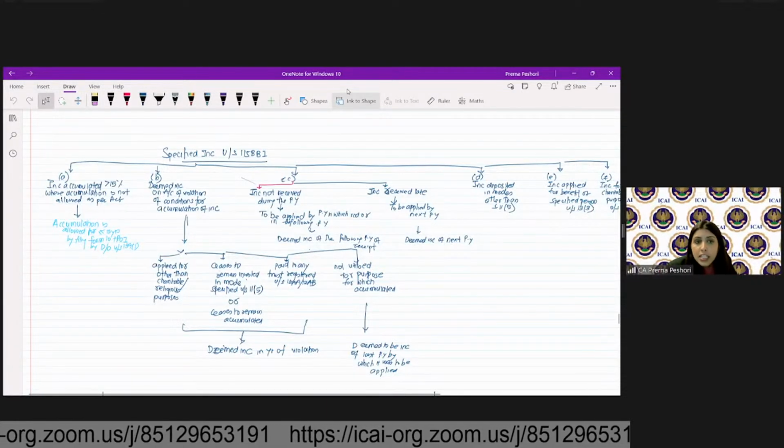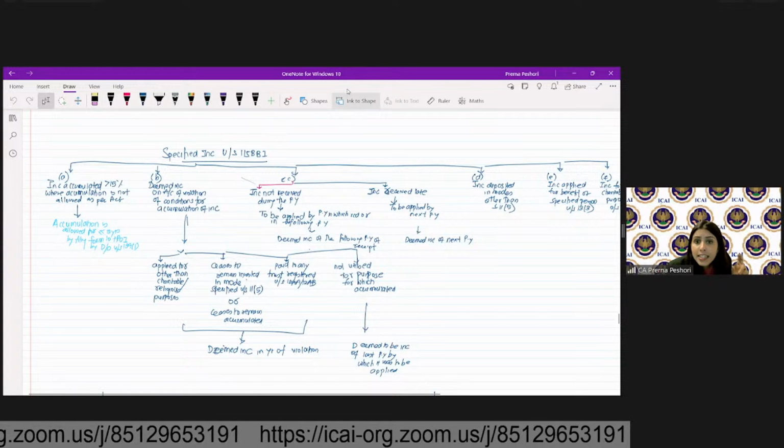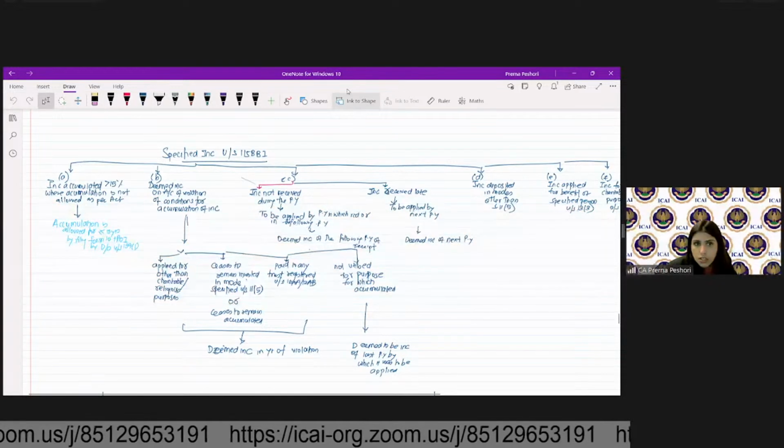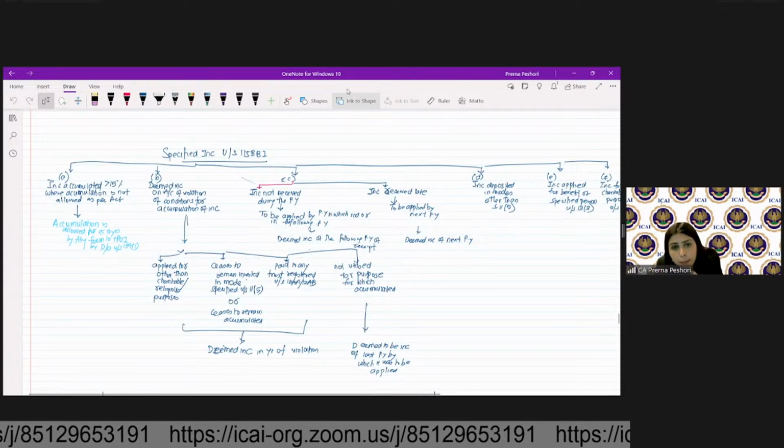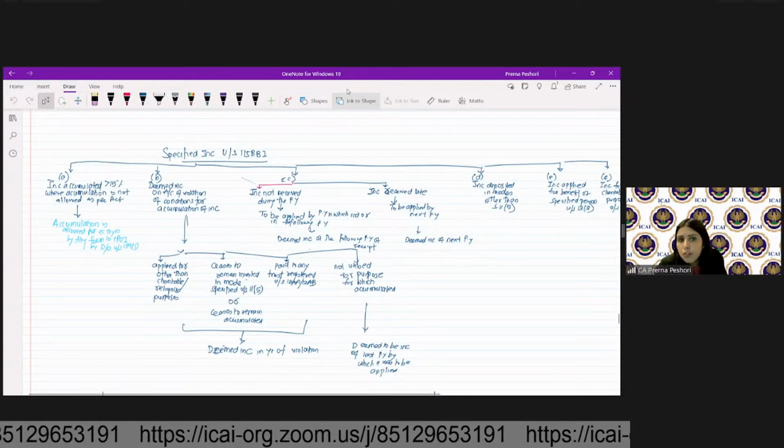So under 11.3, what it says is that there are certain conditions that the accumulated income of the trust should be applied for the purposes which are charitable or religious.